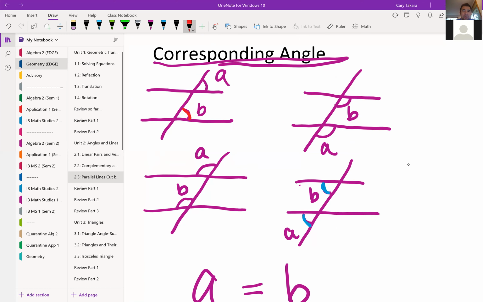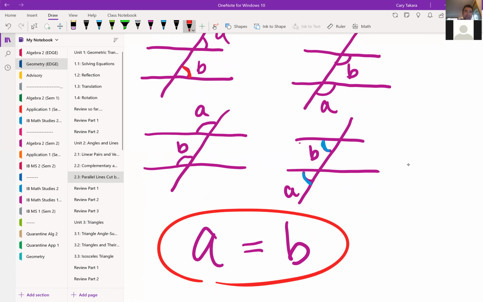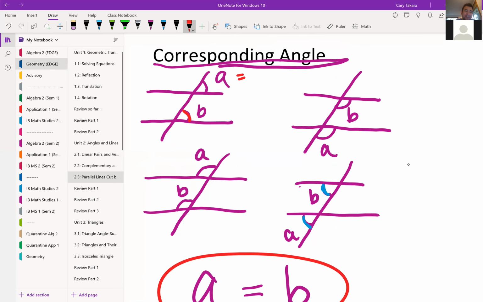These are called corresponding angles, and they are equal to each other. If A is, let's say, 45 degrees, B better be 45 degrees because they are corresponding angles.